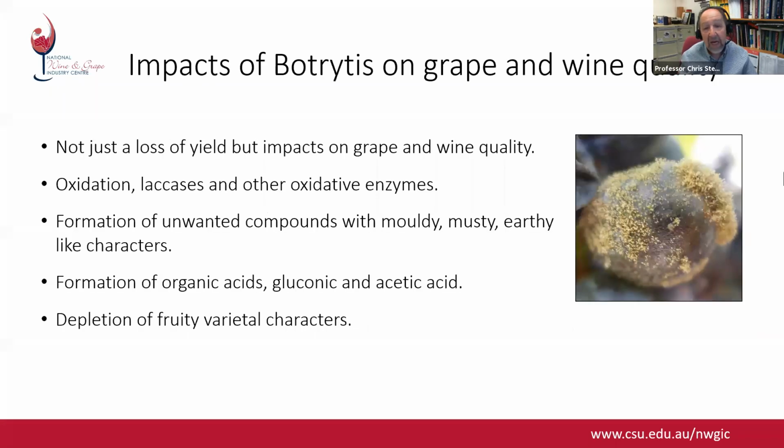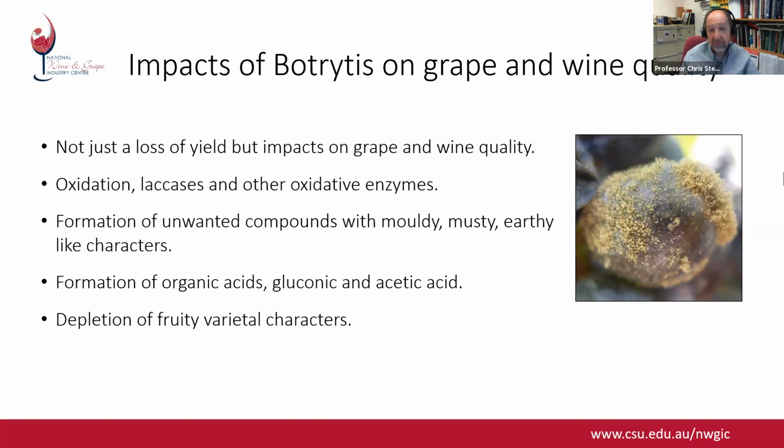So briefly, impacts of botrytis on grape and wine quality. Of course, there's not just the loss of yield, but there's an impact on the quality of the grapes and the wine. One of the most obvious is the formation of oxidative enzymes that leads to browning in grapes and in wine. This is primarily due to enzymes such as laccases, and there's been a considerable amount of work on laccases.